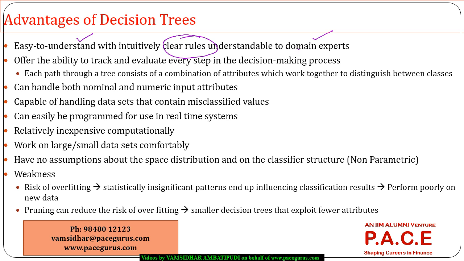The rules that are typically being used are self-explanatory to the domain experts, and I can very well track and evaluate every step in the decision making process. The whole path, I should be able to track it, see which rule is first being applied, followed by which rule, and so on.